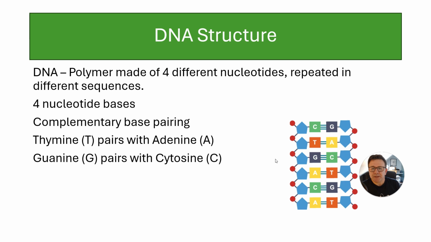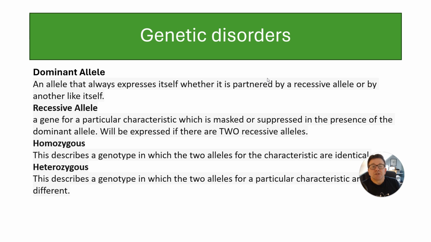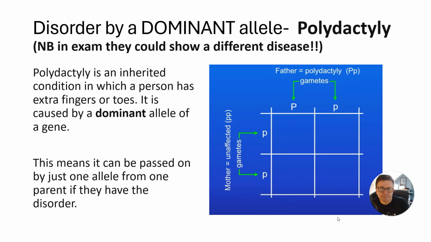That's how I remember it. Okay. Genetic disorders, it possibly will come up, but don't expect just the 2 that you've learnt about. There could be many. Okay, again, you need to know keywords. So you need to know what dominant recessive alleles are, homo and heterozygous.